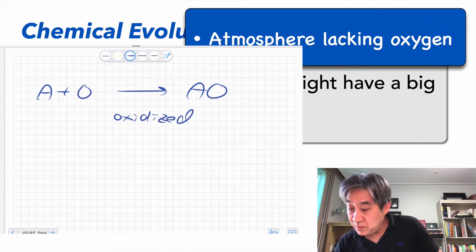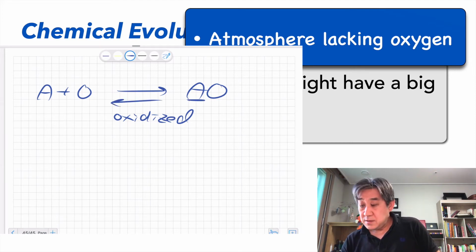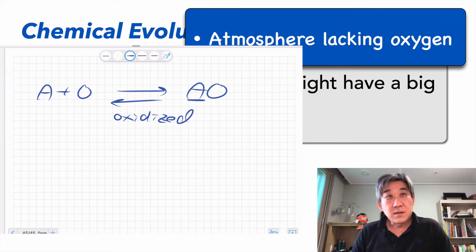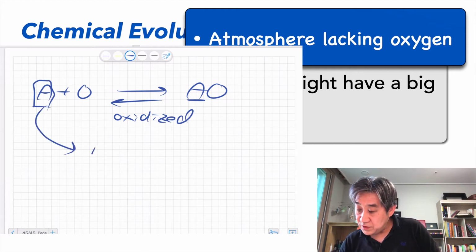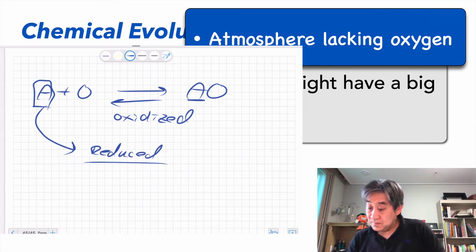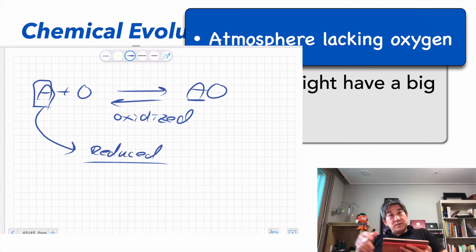The opposite way of a chemical reaction, if somehow this element got away from the association with oxygen and became free like that, then this chemical we call reduced. So with this aspect, we call an environment lacking oxygen a reducing atmosphere.